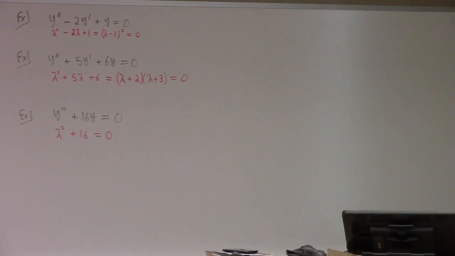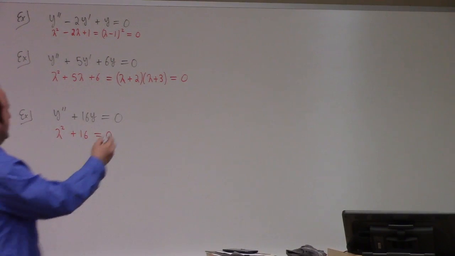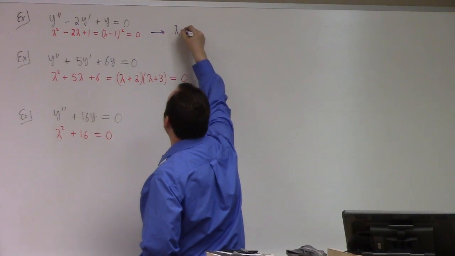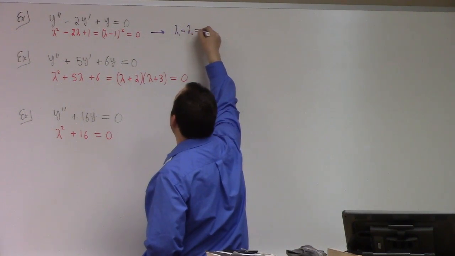So now that we've factored the quadratics, the last one, can you complete the square on that? Well, it's already complete, right? What's the data here? So this has lambda 1 equal to lambda 2 equal to 1.